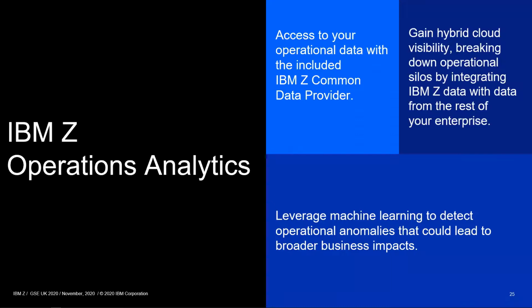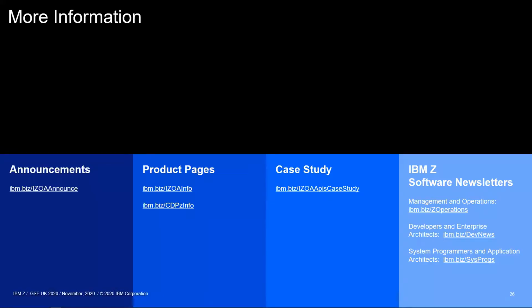We get access to all of that operational data from Common Data Provider, and we start doing a lot of analytics on this, bringing it into enterprise solutions, or using machine learning to get down to that forecasting capability of when we can start to notice those different trends as we deviate outside of a normal baseline, so that we can alert SMEs or operational staff that something is happening on the system that we forecast to become a problem.